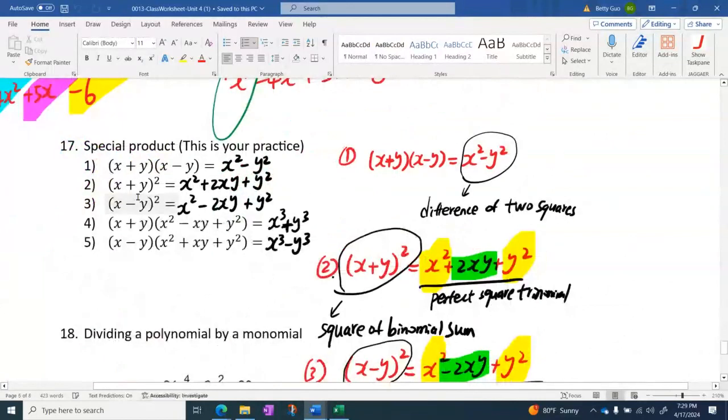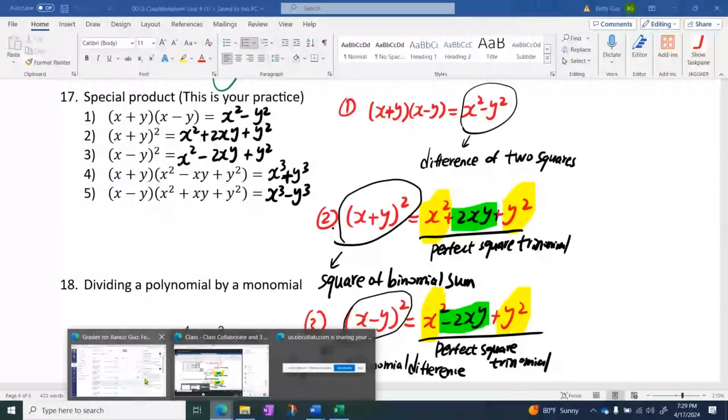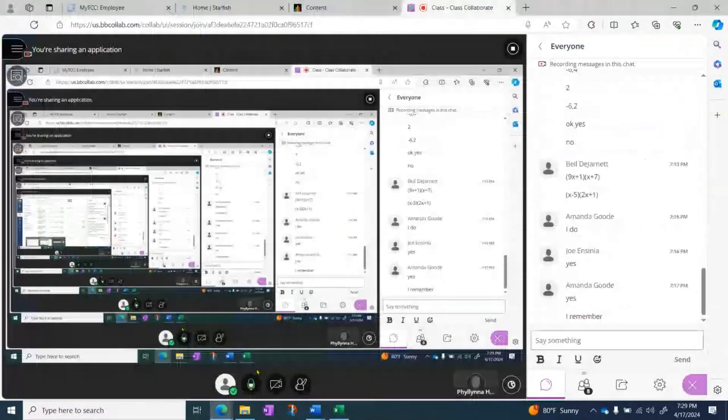You see that, number 17? Special product. Remember that? I labeled the names for those special expressions, the structure. Yeah, now, okay, very good, thank you.